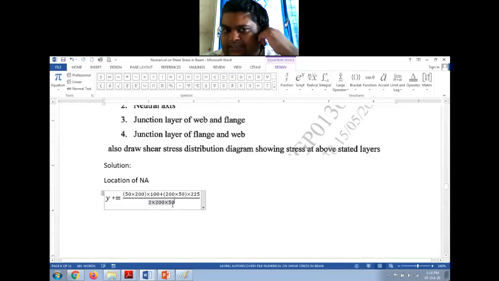Now for calculation it's very simple. You see 200 into 50 is there in all the three places, 200 by 50, 200 by 50, 200 by 50, right? So you can just cancel that. So it will be 100 plus 225 divided by 2.